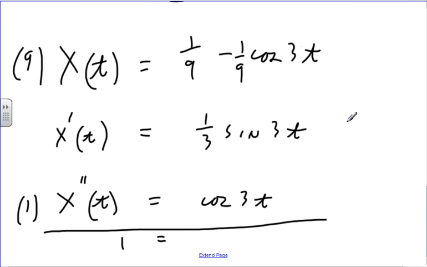Okay, so that's the plan. All right, so I have a 1, and I have a cosine 3t, a minus cosine, a plus cosine, plus 0, check. So the initial conditions check, the problem checks. I'm all set. Going on to number 10.